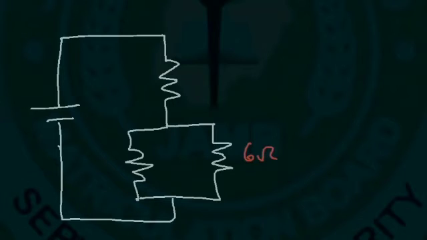Now let's say we have a combination of a series and a parallel circuit. Now let's say we have a 6 ohm resistor and a 3 ohm resistor. Actually, let me change numbers.